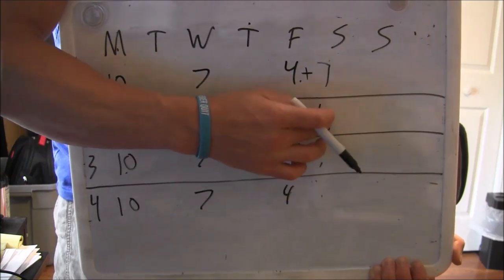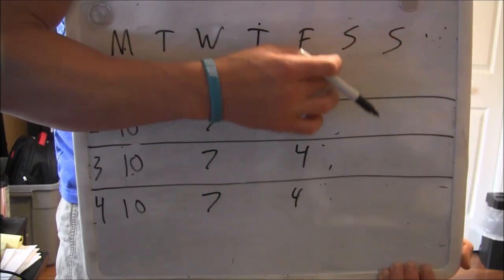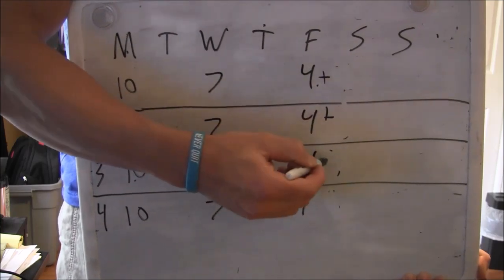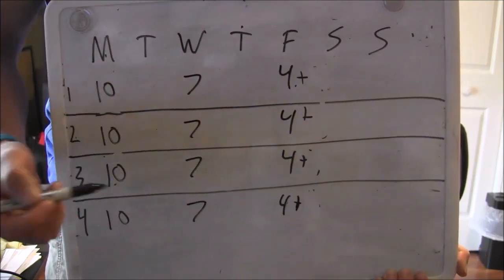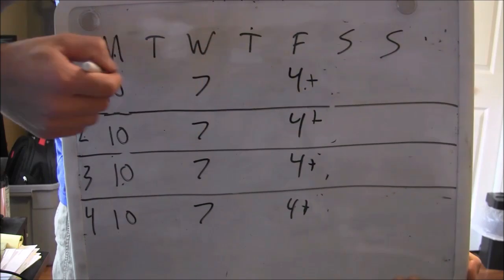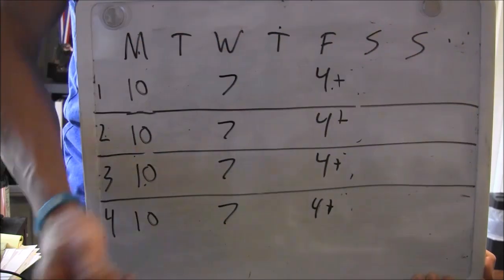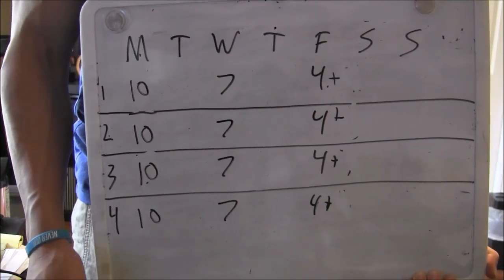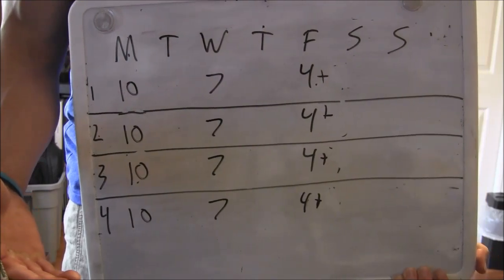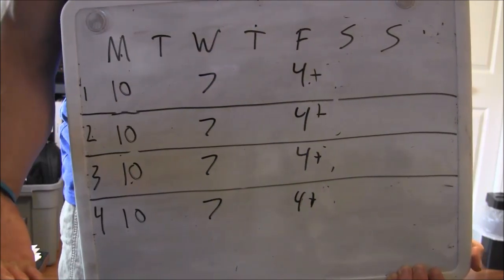Another way to do it, or you could incorporate this as well, you could still do plus sets, but each week, maybe to each of these weights, you add 5 pounds. So you can do all those things. There's always that option. So, again, this isn't meant to be an end-all, be-all video, but I wanted to show you guys some different options for how to incorporate periodization into your training.